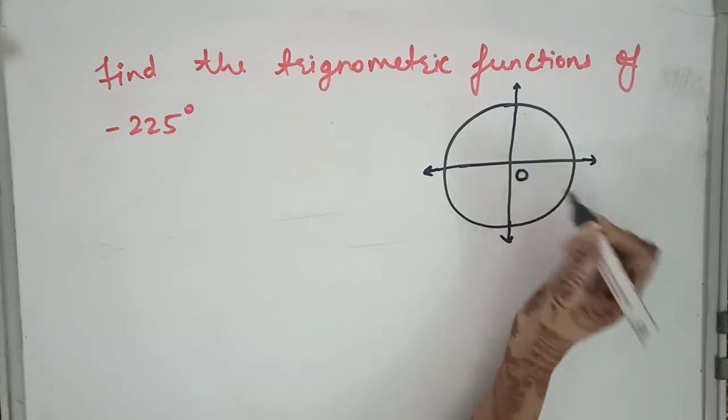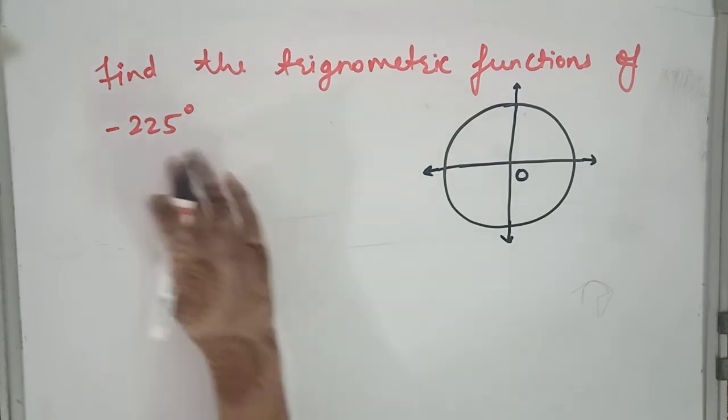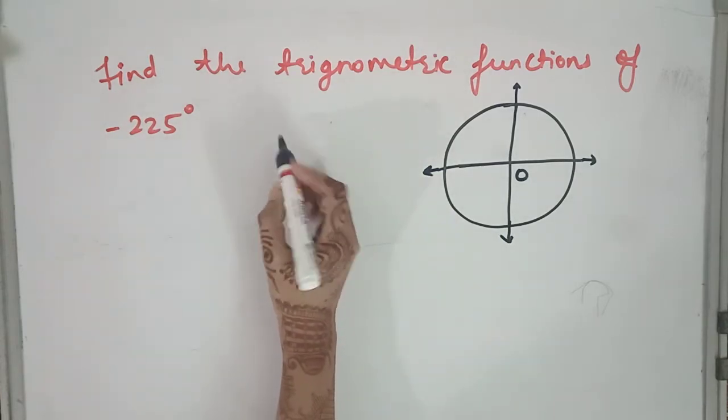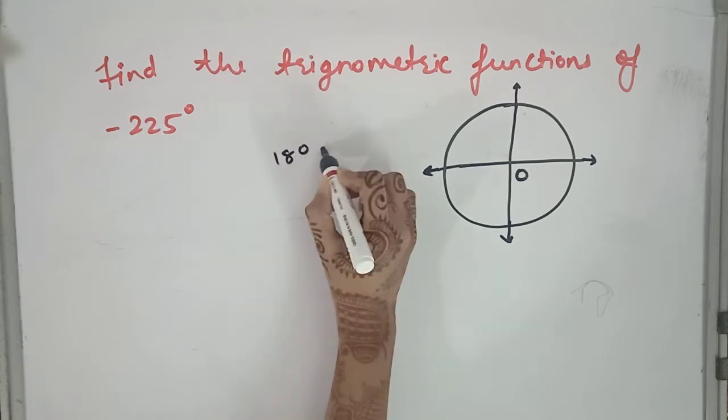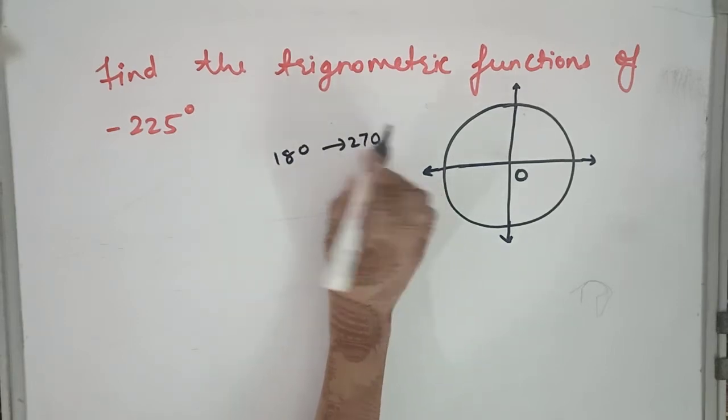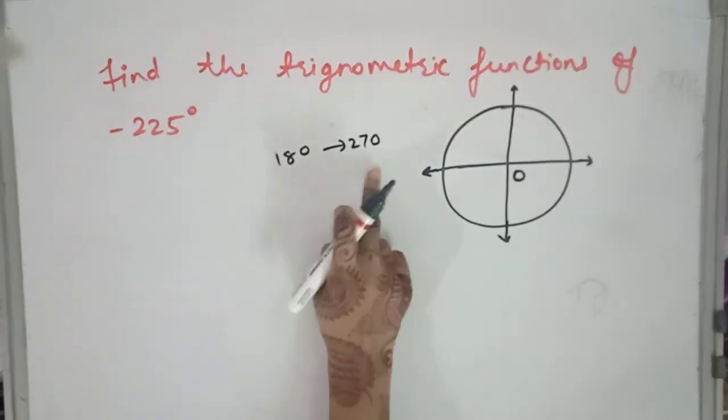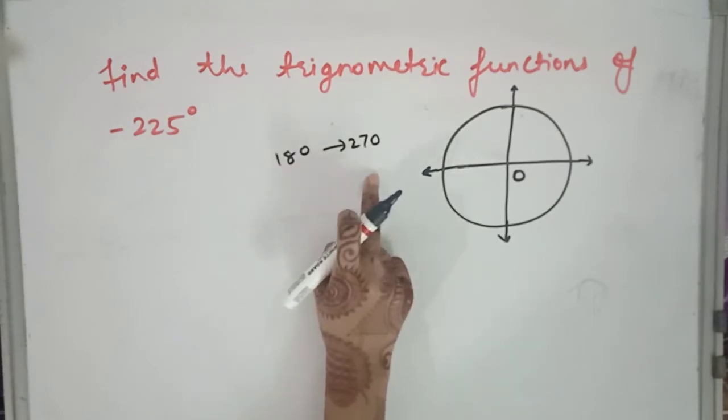This is the origin O. Now 225 will be in between 180 and 270.